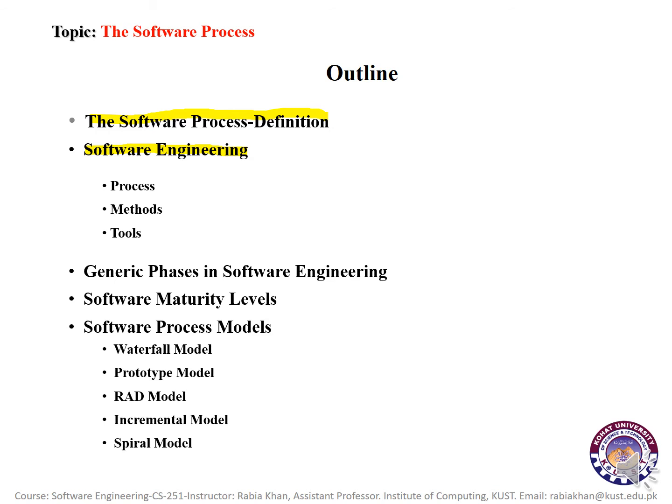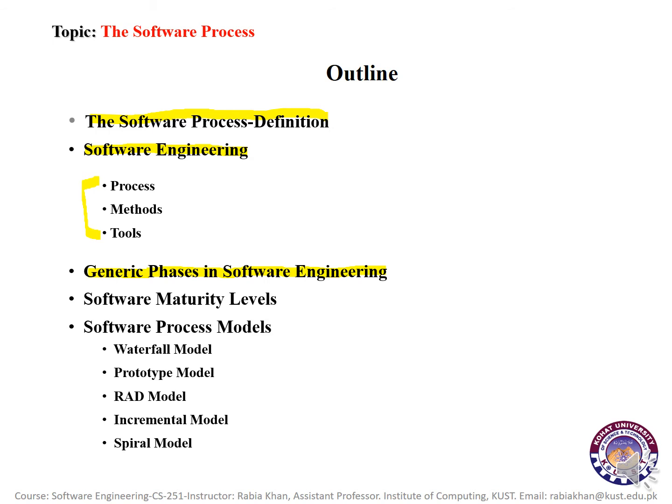These are different components of software engineering which we will be discussing next. Then we will proceed to some of the common phases in software engineering. What are those generic phases? Those phases which are followed in almost every type of software project. So those phases will be discussed in detail.